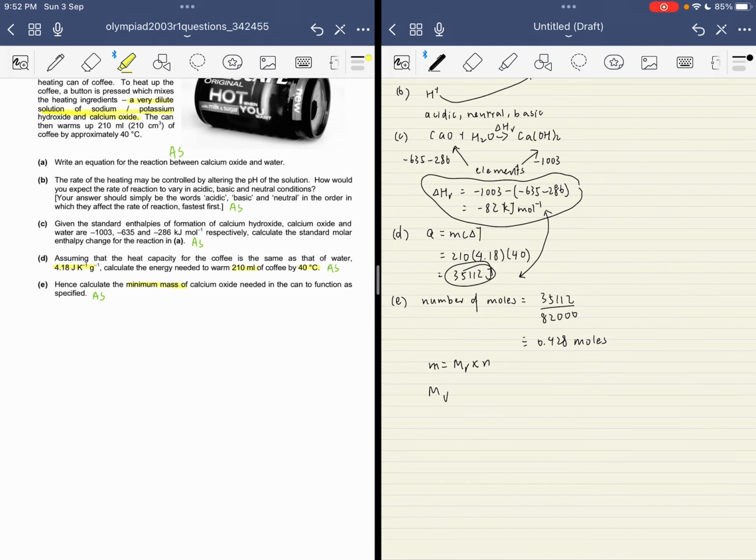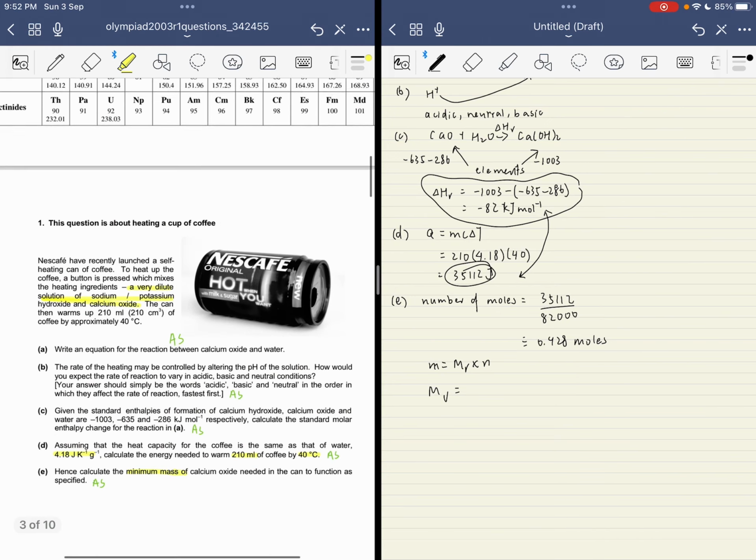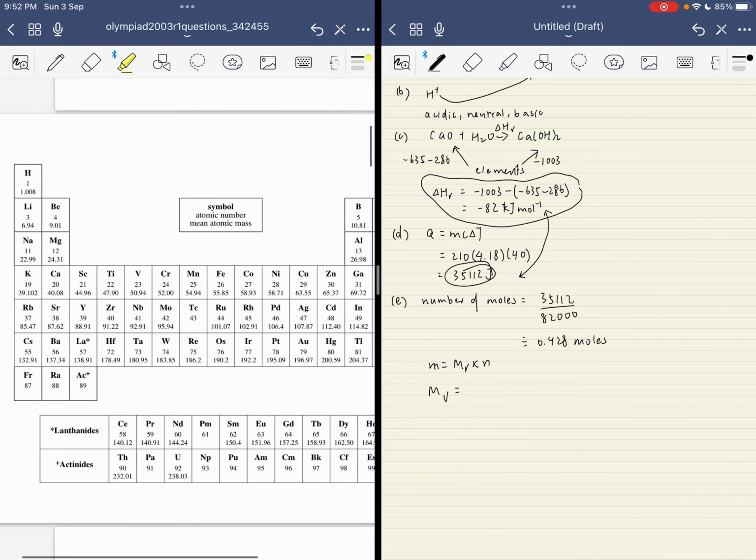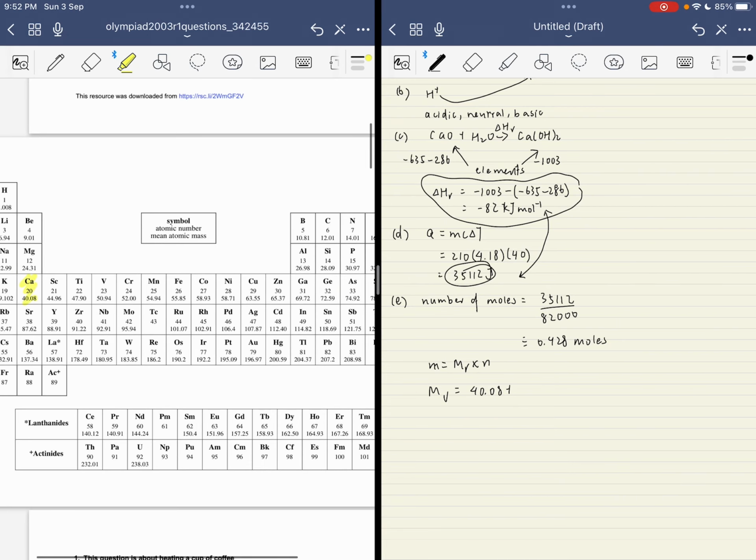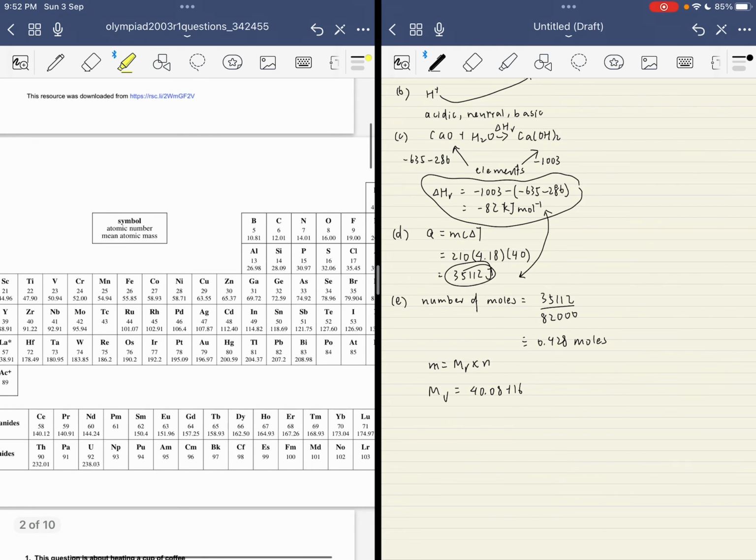So we will also have to find the molecular mass of calcium oxide, which is equal to, you have calcium here, 40.08 plus 16 for oxygen. So we will have 56.08 grams per mole.